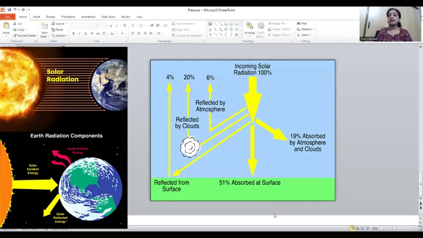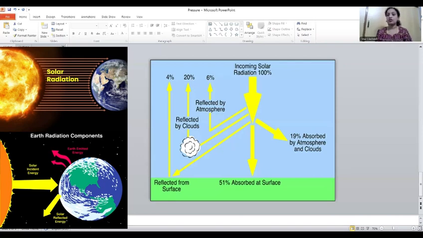So we've understood that the heating and the cooling of the atmosphere occurs through various processes, which are conduction, convection, advection, and terrestrial radiation. In this video, we focused on three major areas: partial absorption of heat by the atmosphere, conduction, and the last one was terrestrial radiation.